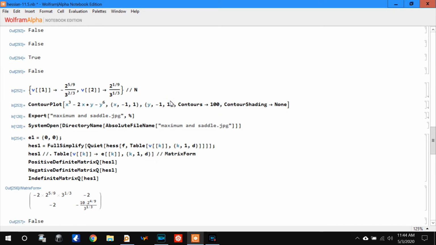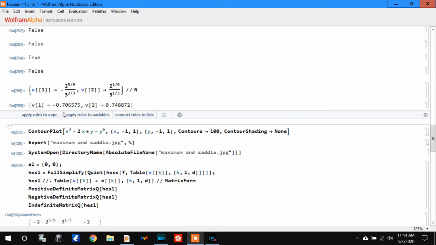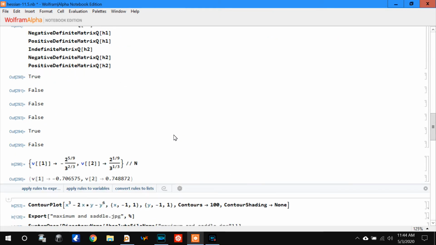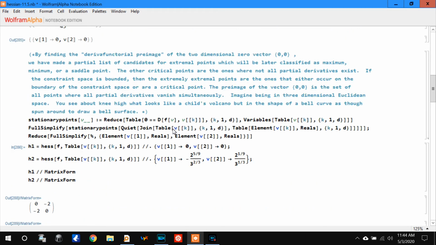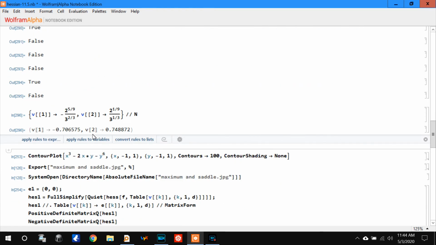So here's an approximation to our critical point in round numbers. Sorry, I'm scrolling too much. In round numbers, that's the approximation to our critical point.